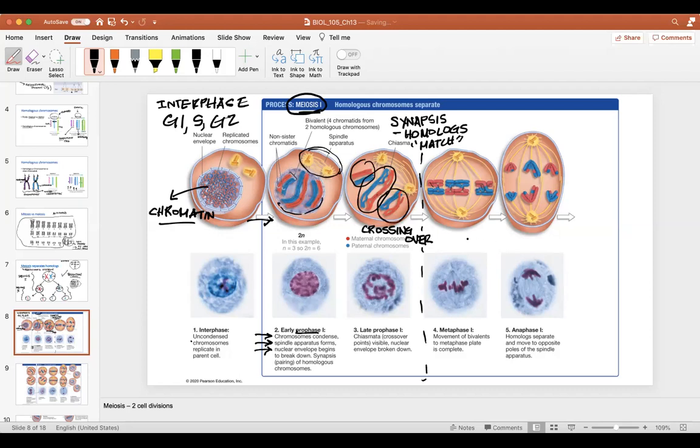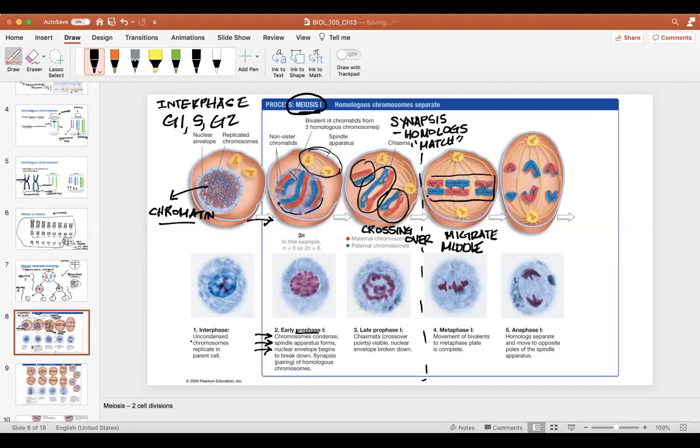Now remember, in metaphase, chromosomes migrate to the middle. All right, so we're seeing our chromosomes migrate to the middle, but they're migrating in pairs.